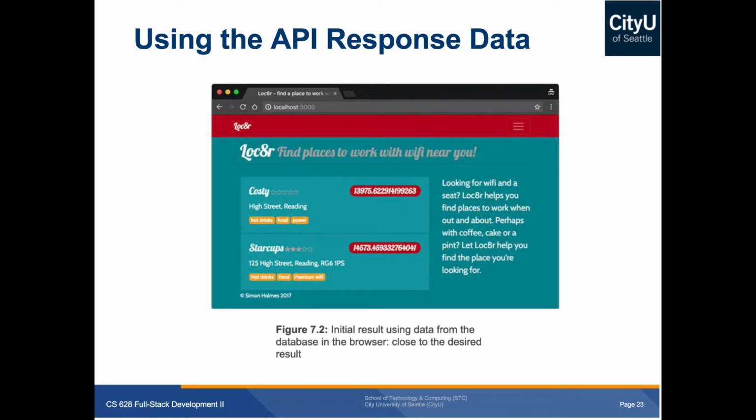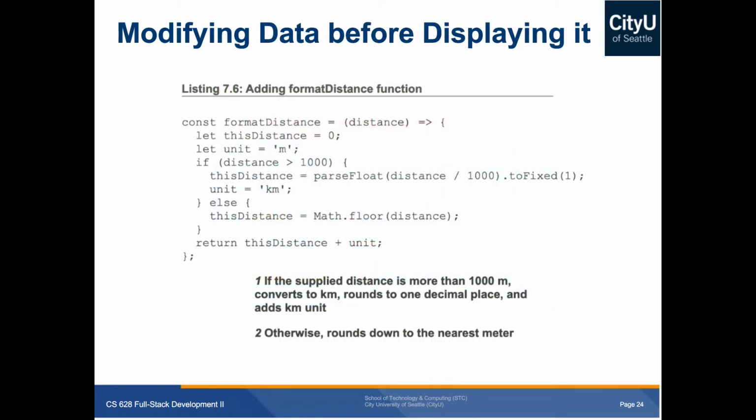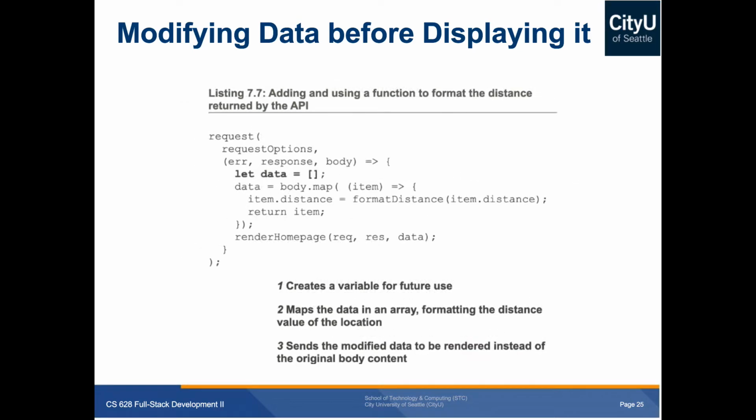Okay, so the initial result would look as follows, right? It's closer to our desired result, and we just want to fix the distance computation, or how it's being rendered, with this parseFloat, toFixed for precision, and the Math.floor. Also we want to initialize a data array, and we want to do a map function on the body, right?